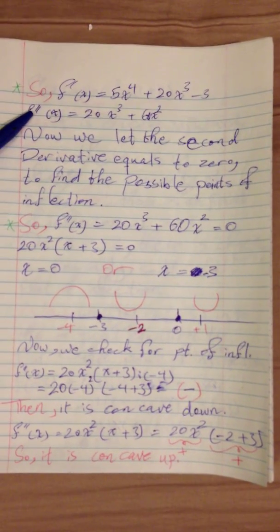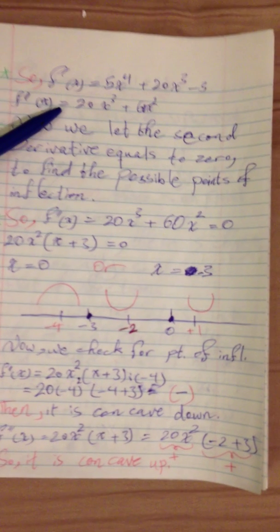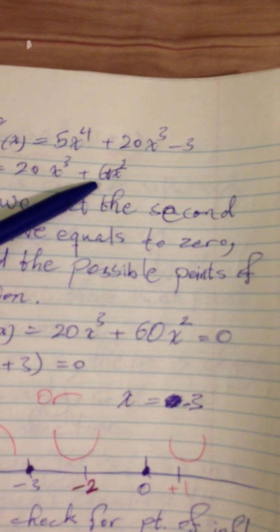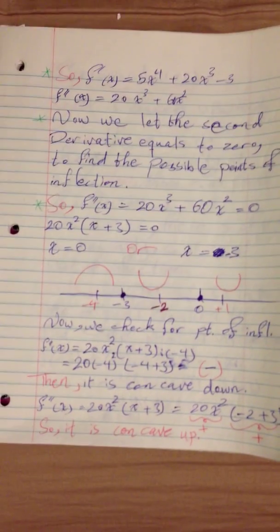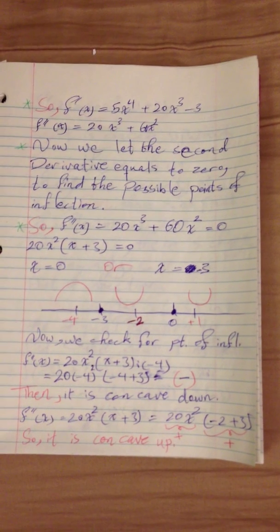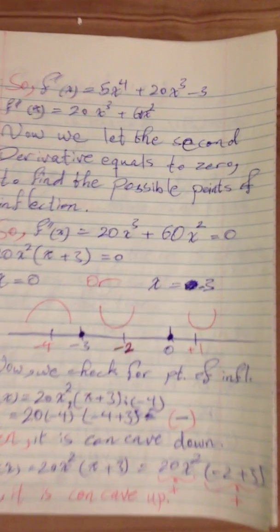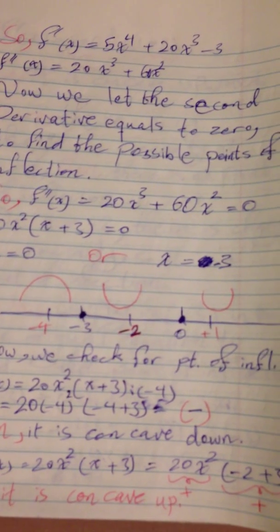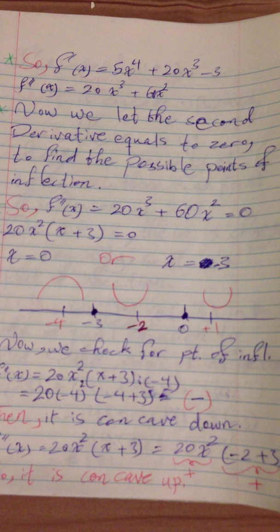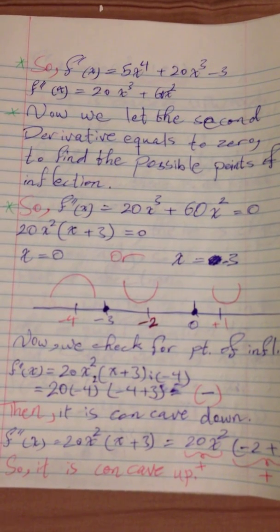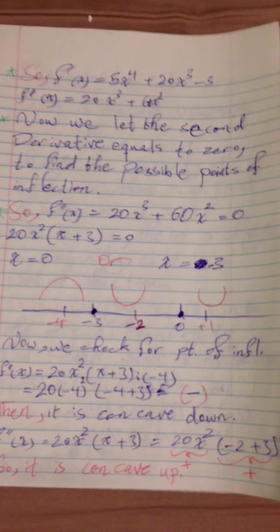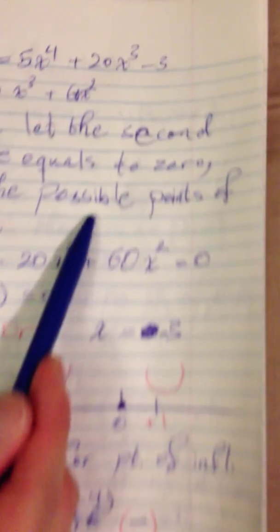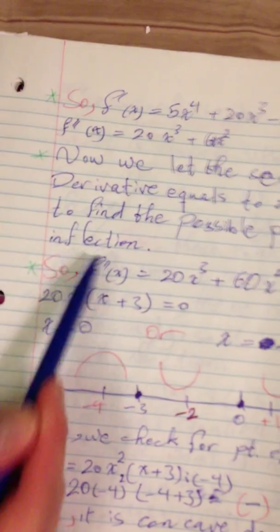So our second derivative will be 20x to the third plus 60x squared. Now we found the second derivative. Now we let it equal to 0 to find the possible points of inflection. Again, the possible points of inflection.